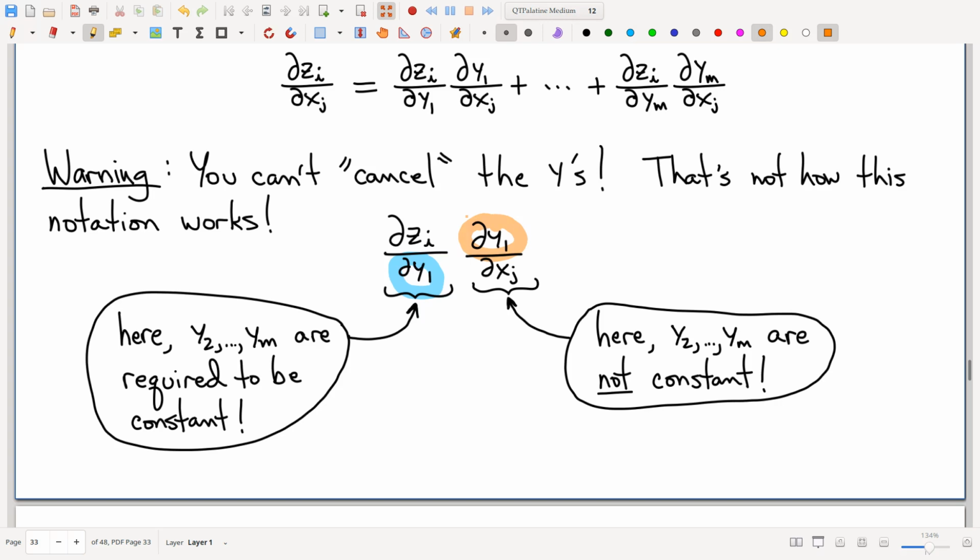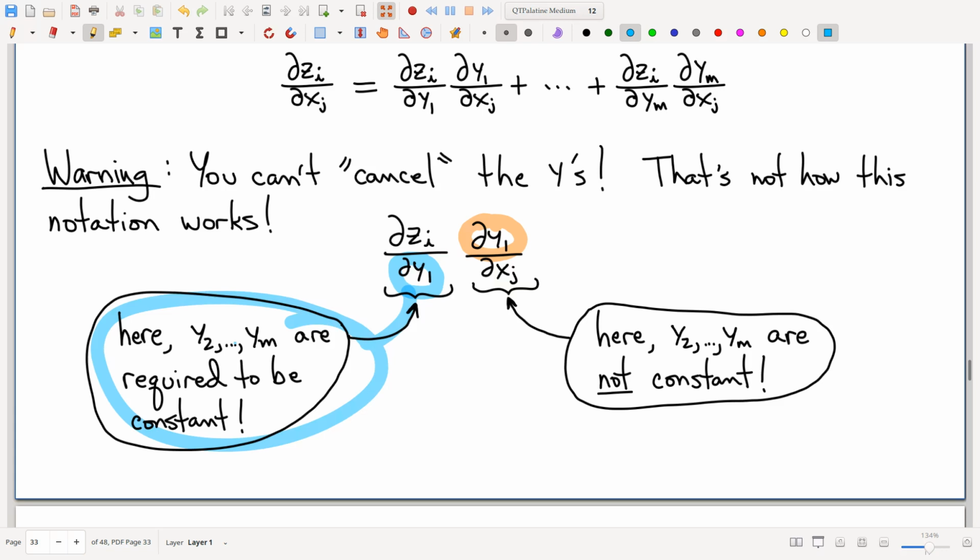The Leibniz notation makes it look like this is a fraction. In particular, it makes it look like it's a fraction representing a ratio of two independently well-defined things, and they are not. It's just not. So, in particular, let's think about this partial y1, right? What does this represent?